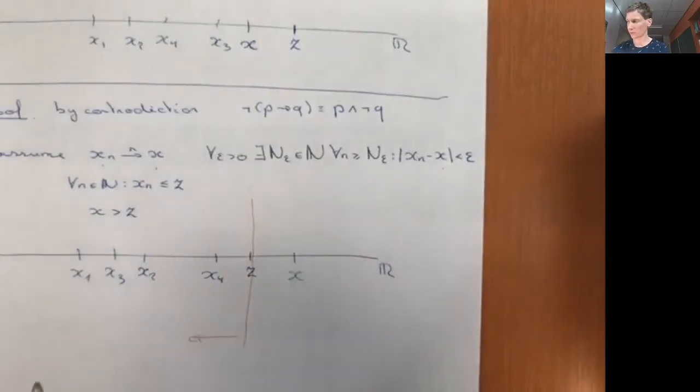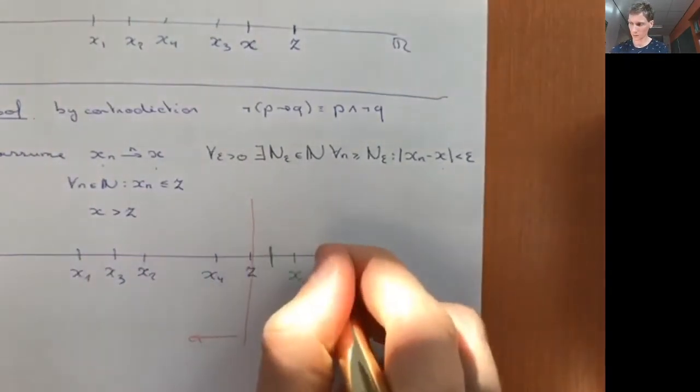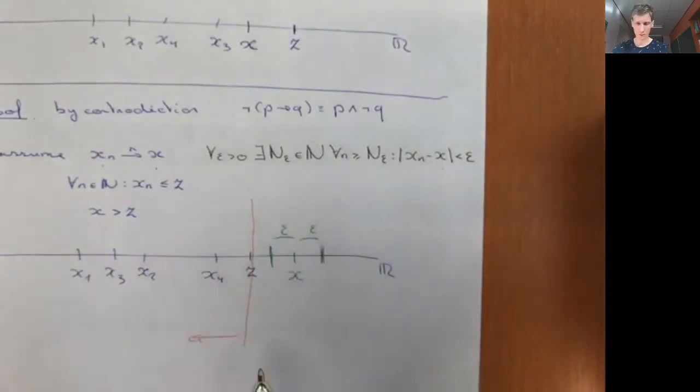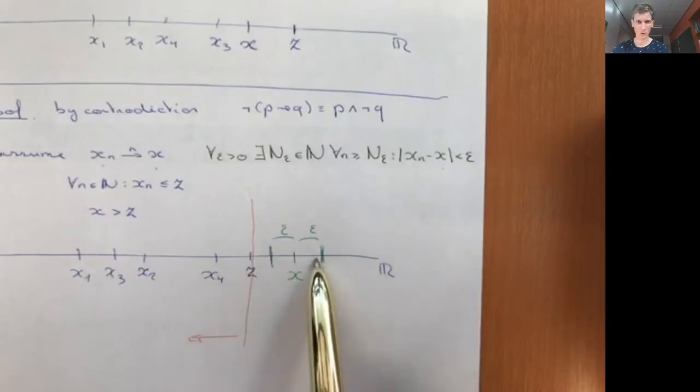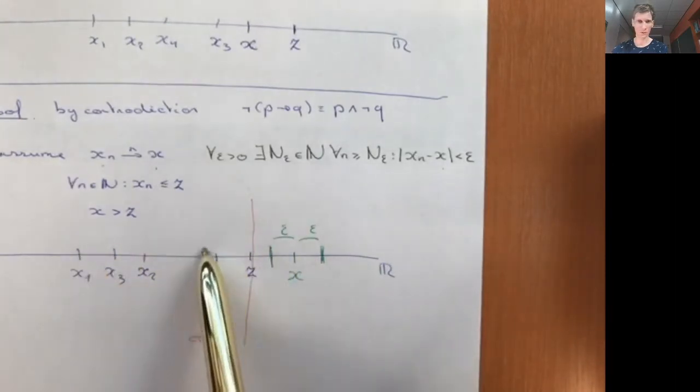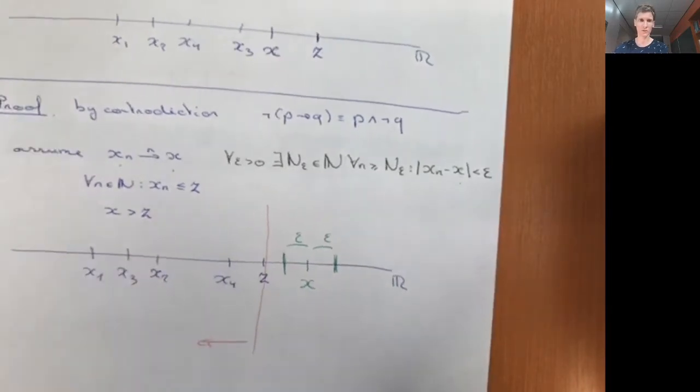So if I take epsilon small enough, for example something like this, eventually I have to be in this region, but then this would contradict the second condition that every term is here below z. So this is how we are going to obtain the contradiction that we are looking for. Okay, so let me try to find a new piece of paper.